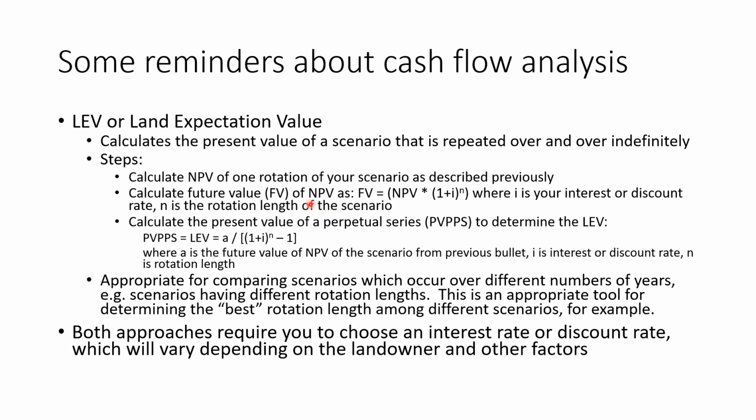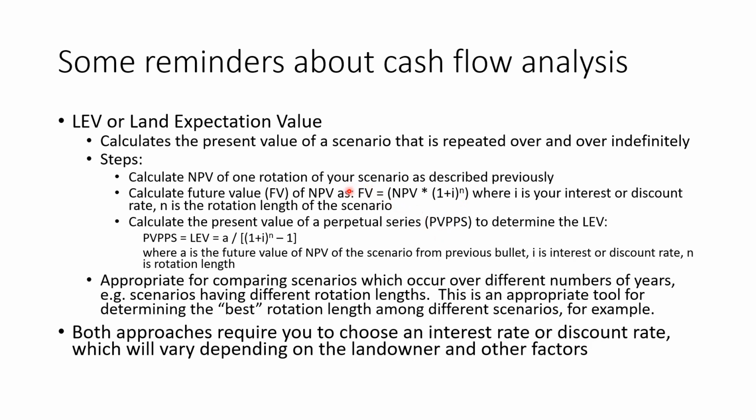You then take that net present value number and calculate its future value. So we're sort of projecting that to the end of your scenario by taking that net present value, multiplying it by 1 plus i, your interest rate, raised to n, where n is the length of the scenario, for instance, the rotation length.